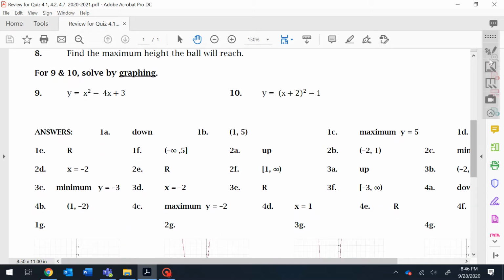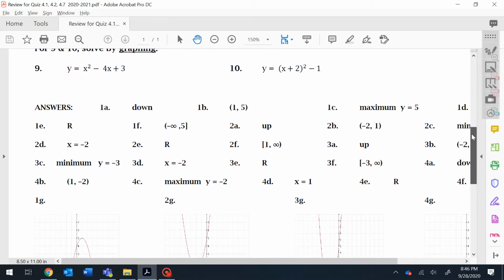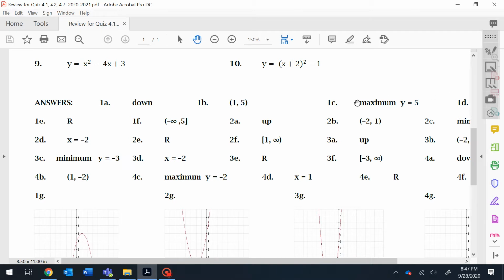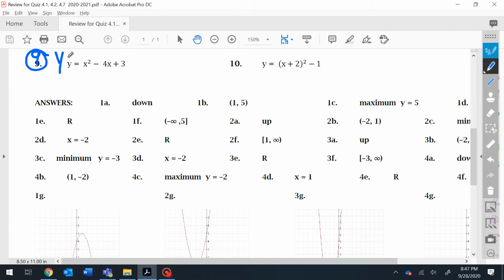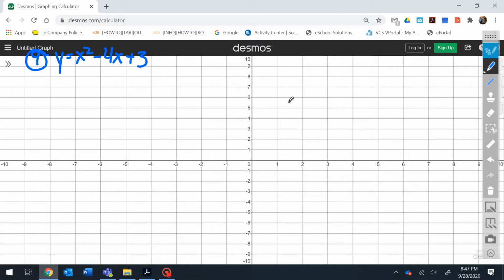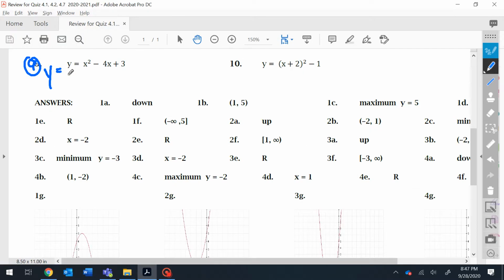Okay, so number 9, we are solving by graphing. We have y is equal to x squared minus 4x plus 3.